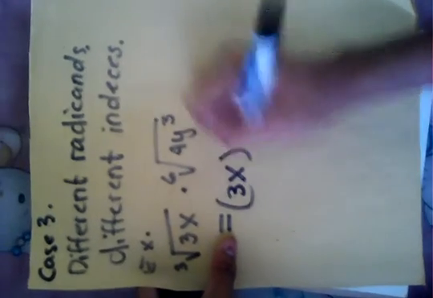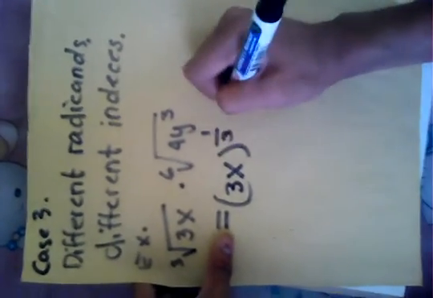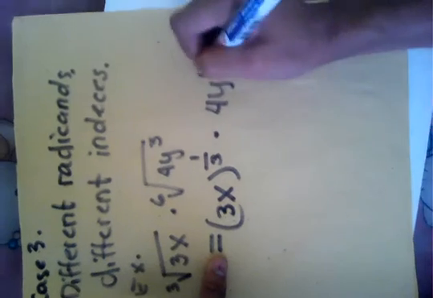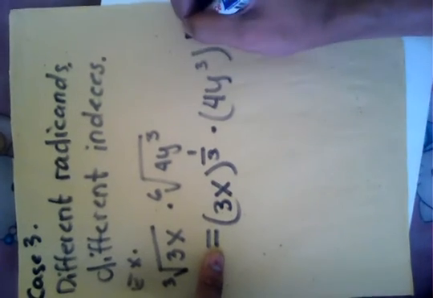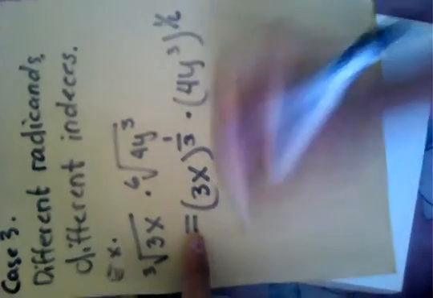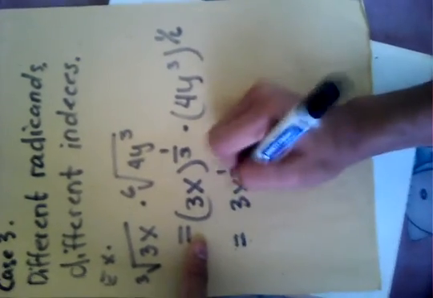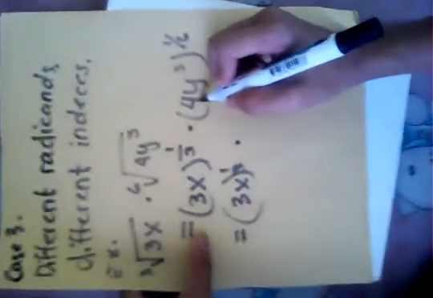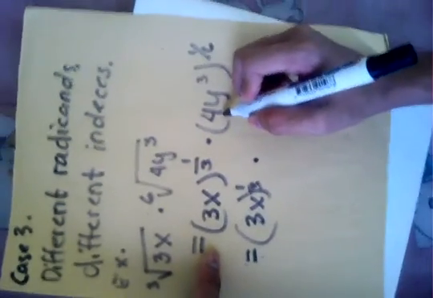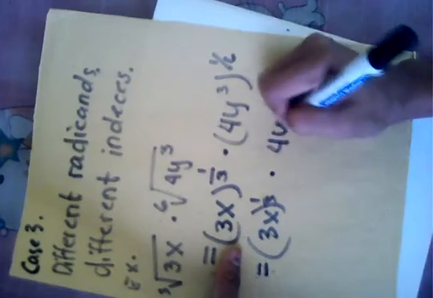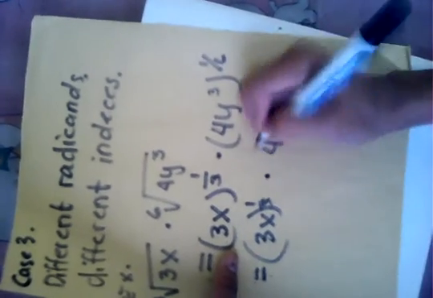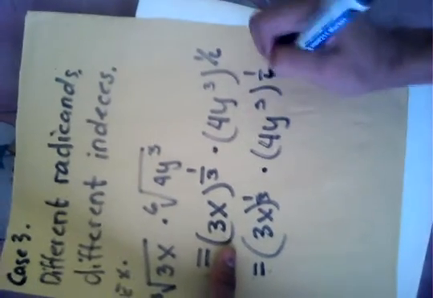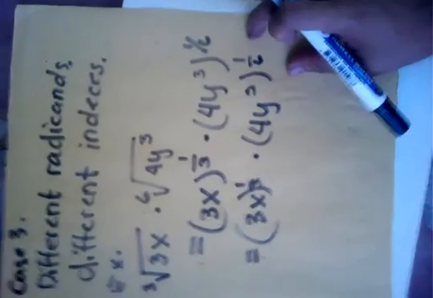It will be formed like this. So 4y cubed to the power of 1 over 6. So here, what is the LCD between 1/3 and 1/6?